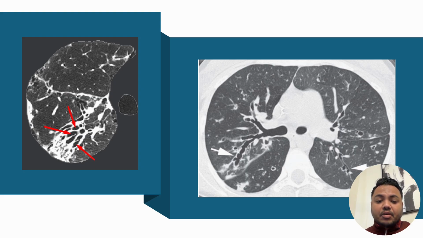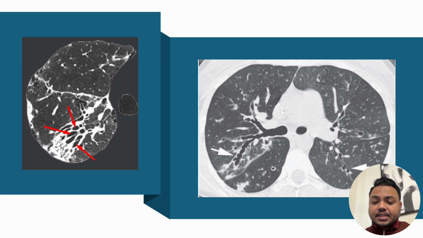This is commonly found in interstitial lung disease, particularly in UIP pattern or IPF. There is a video on the channel about UIP pattern lung fibrosis where this has been discussed as well. So this is traction bronchiectasis or secondary bronchial dilatation due to associated lung fibrosis.